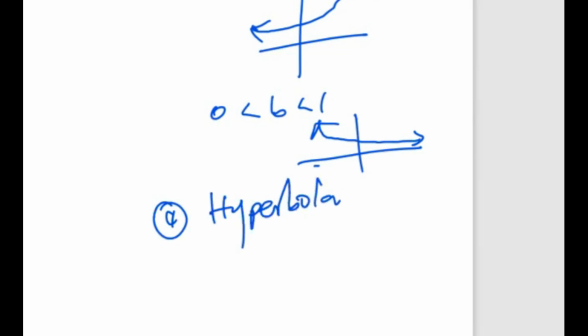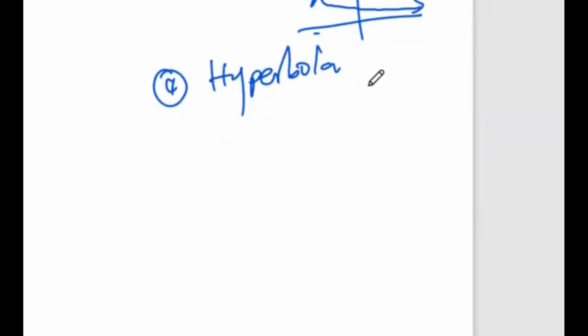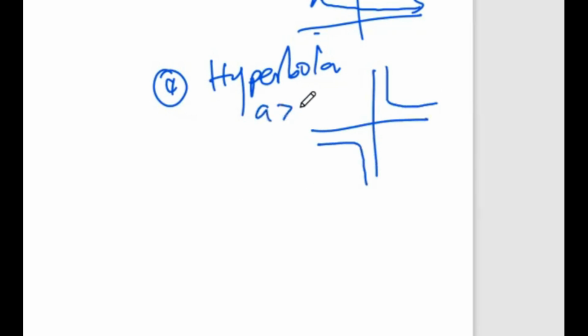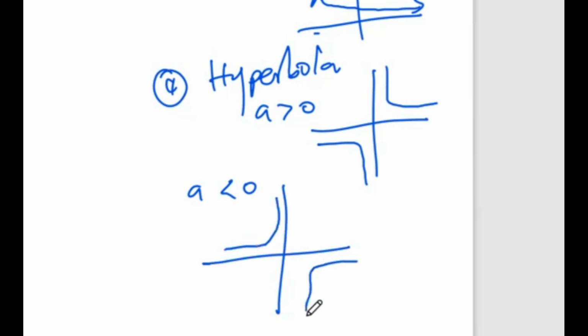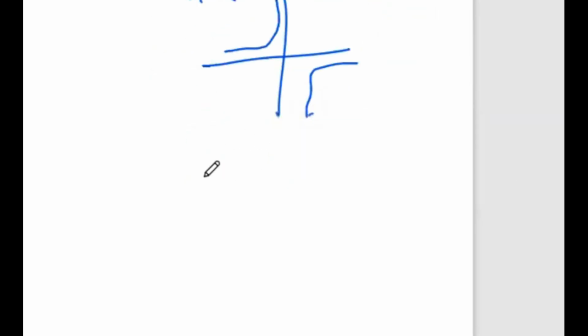Because it looks like I want to talk about the hyperbola more than the rest. So hyperbola has 2 formats. We can have a hyperbola in this format. That is if our a is greater than 0. But if a is less than 0, then the hyperbola is going to be in this format. So the general equation of a hyperbola, how do we tell that we have a hyperbola? When we have a over x plus maybe q.